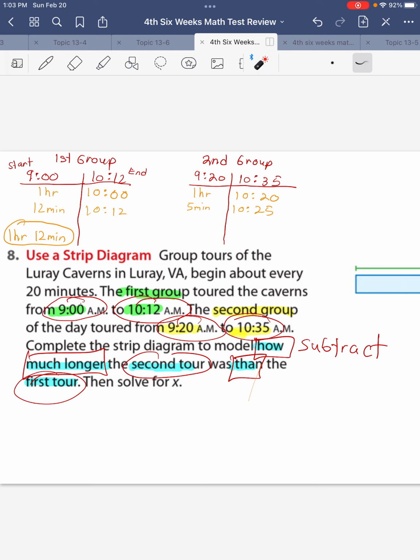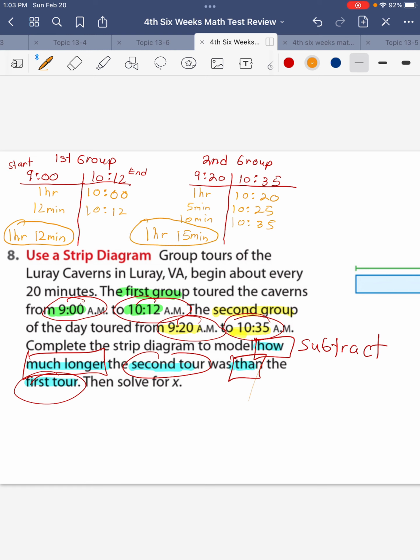But I need to get to 10:35. So I can add 10 more minutes. I'm going to put 10 minutes here, and I'll be at 10:35 now. So now they're at the same, 10:35, 10:35. So I know that it took an hour and 15 minutes. I'm going to circle that.